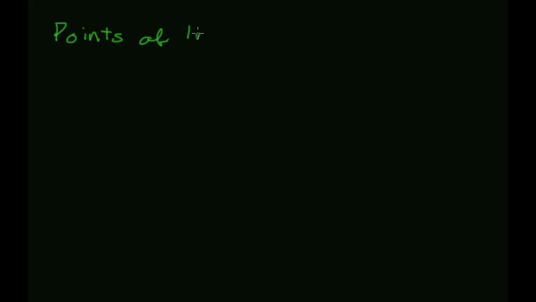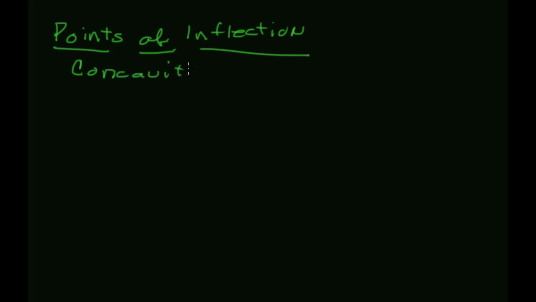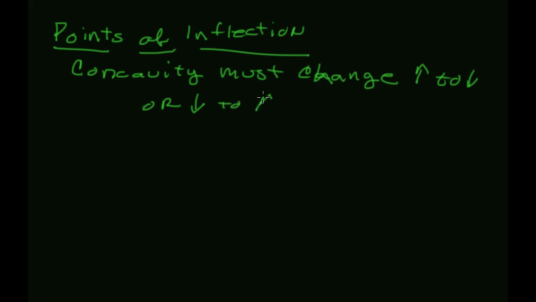Okay, so there's a last little tidbit in this about graphs and things that are called points of inflection. Okay, in order to have a point of inflection, the concavity must change. Okay, so it either changes from up to down or down to up.